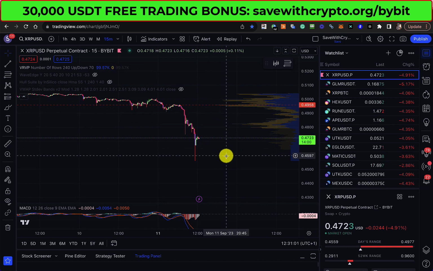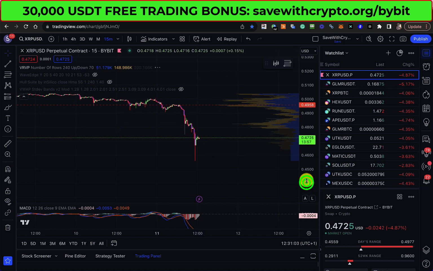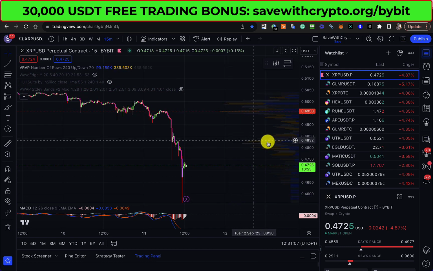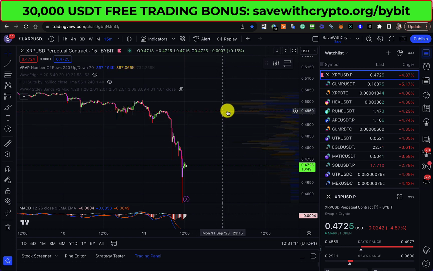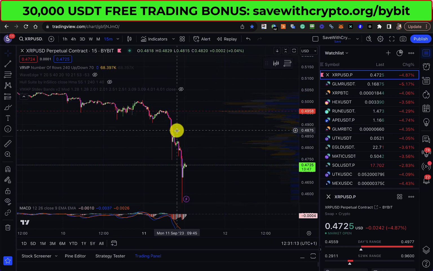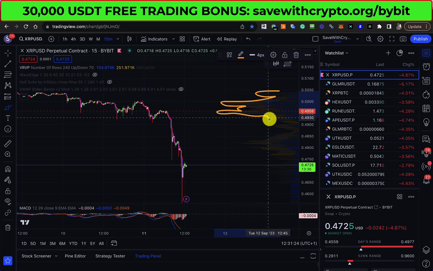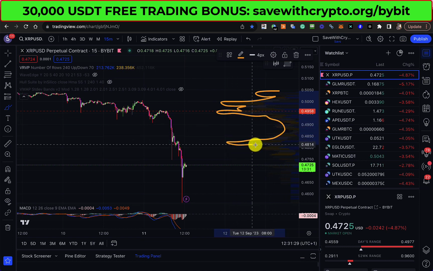And this is when the VRVP comes in handy, because you can see there's kind of points where the contour of the VRVP has these kind of nodes. So, it's got a node there, a node there, then a lack of liquidity there, then a sort of node there, one there.